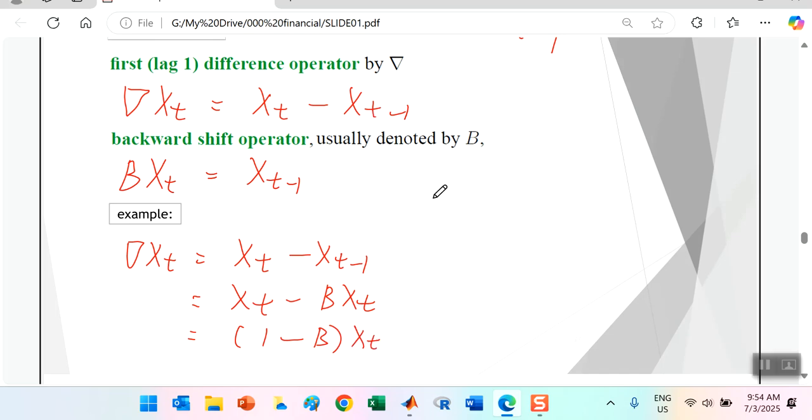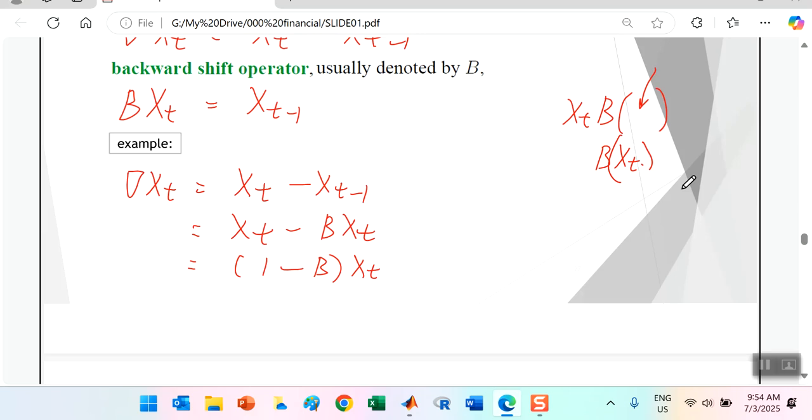The order is important. You can't have something like this, because the operator must operate on something. It is not right to write this form. This is the operator B operating on Xt. Therefore, B itself is meaningless unless there is a series inside.